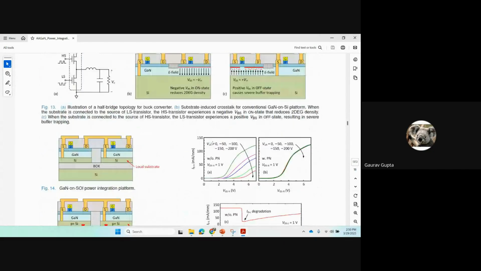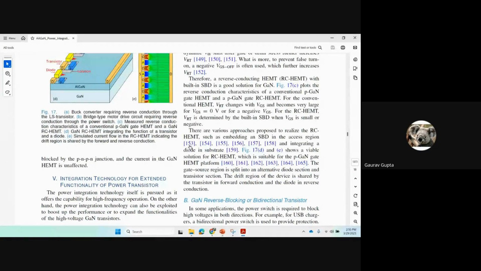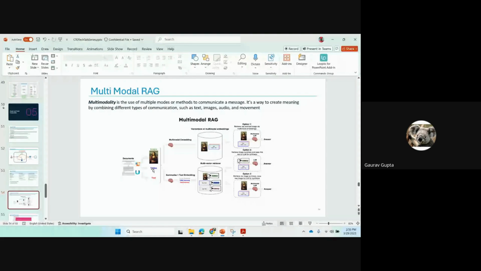It can only understand text, right? So we have three modalities: an image is there, a table is there, a text is there. If such a combination is there and the answer is hidden across all of these, you have to combine them to get an answer. That's where multimodal RAG came in.